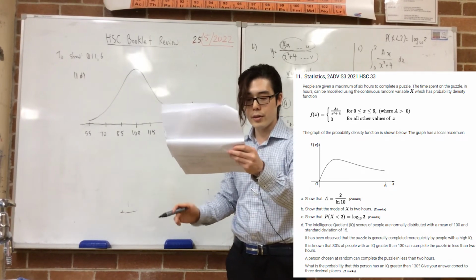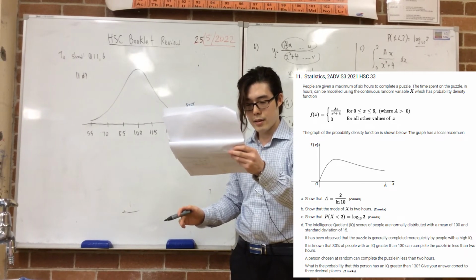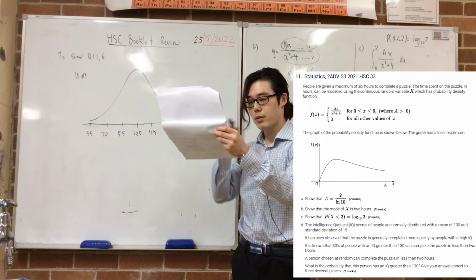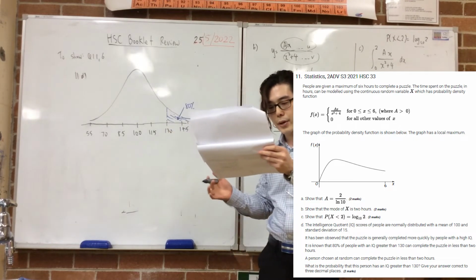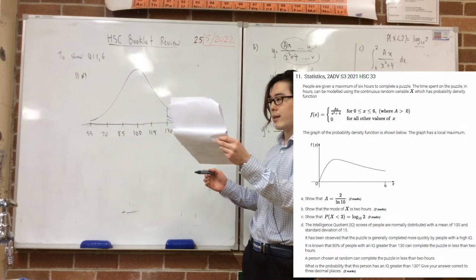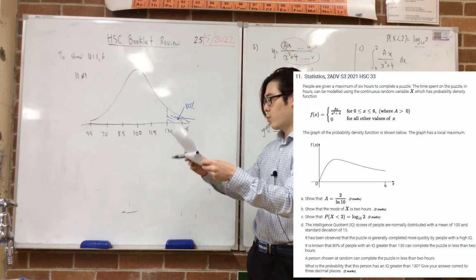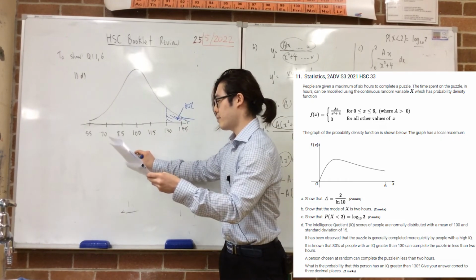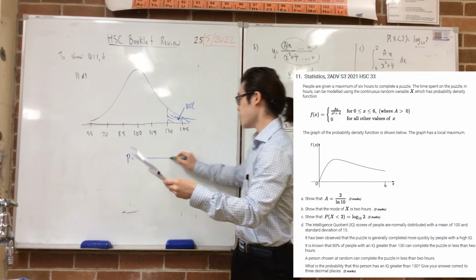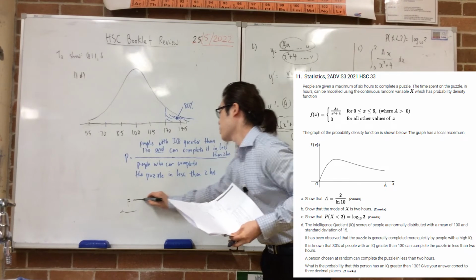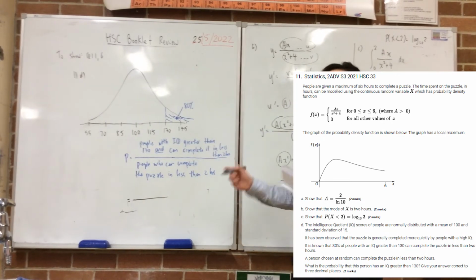Now, a person chosen at random can complete the puzzle in less than 2 hours. What is the probability that this person has an IQ greater than 130? All right. Okay, here's the question. The probability on top. Girls, probability in general, what is it?